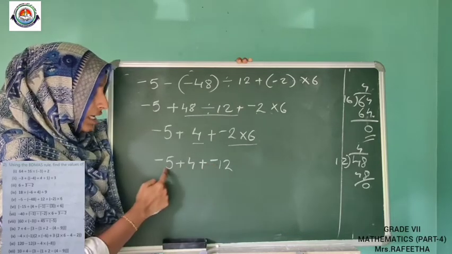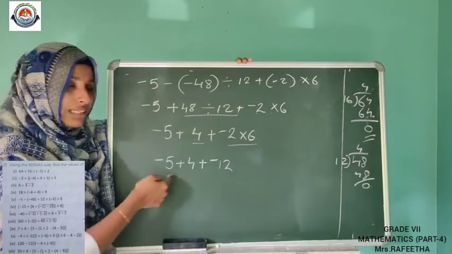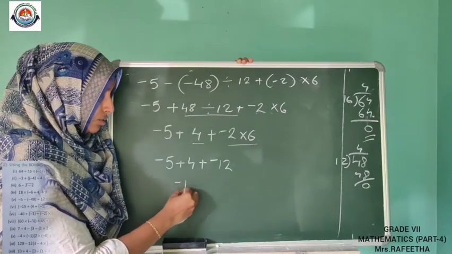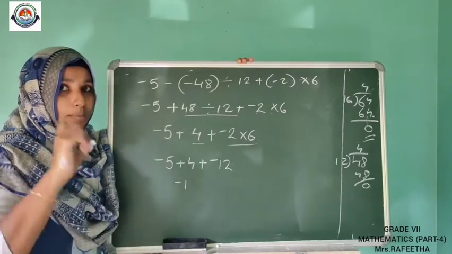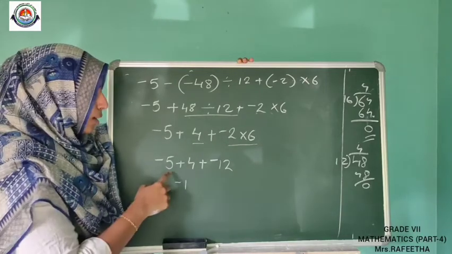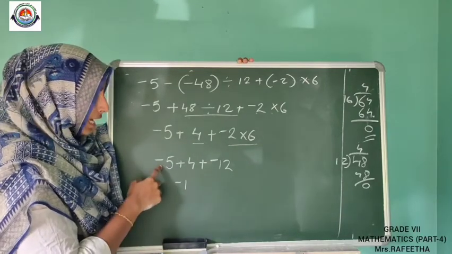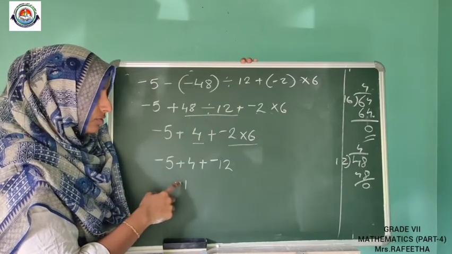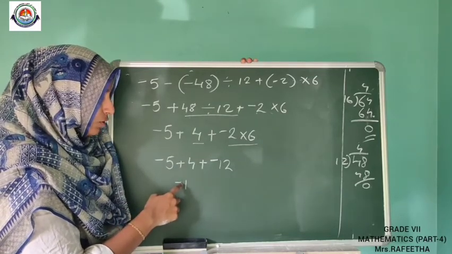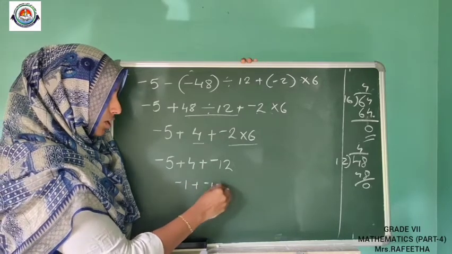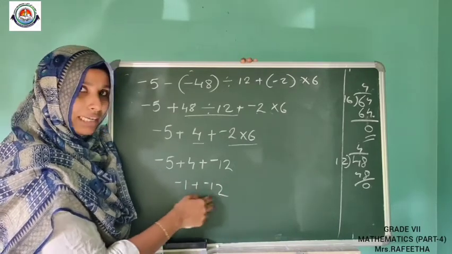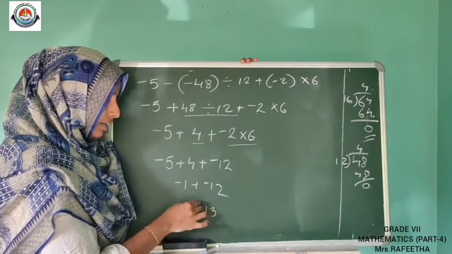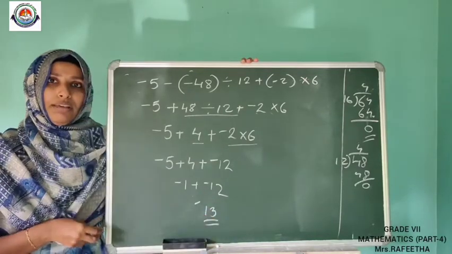Now all are going through addition. So minus 5 plus 4 is, bigger number minus smaller number, and put the sign of the bigger number. The sign of minus 5 is minus, so we put the minus here. Next, minus 12: if both are minus in addition, we just add and put the sign. So minus 13 will be the answer.